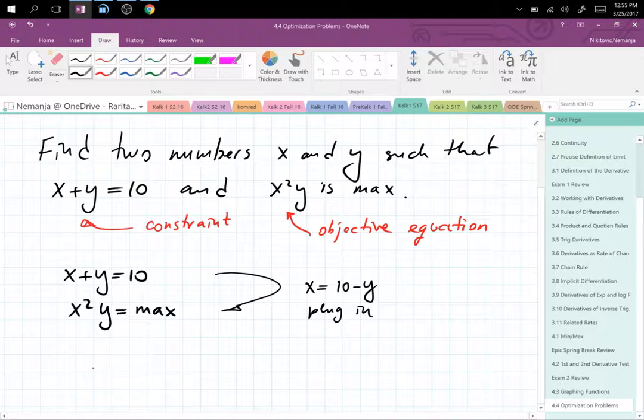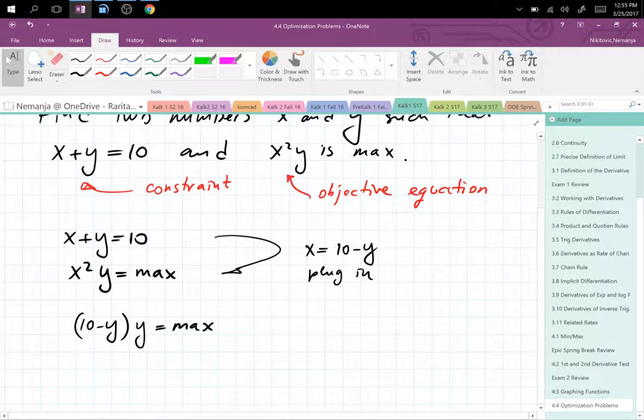So what you get is 10 minus y times y is equal to a max. And when you distribute, minus y squared. Equals a max.